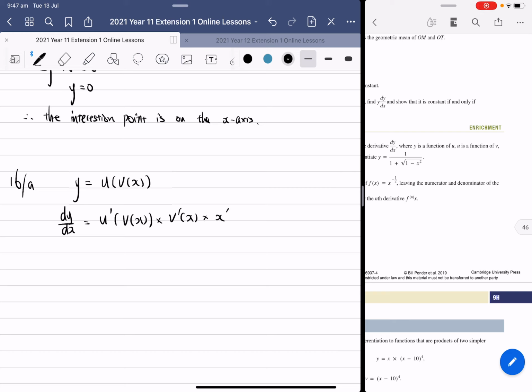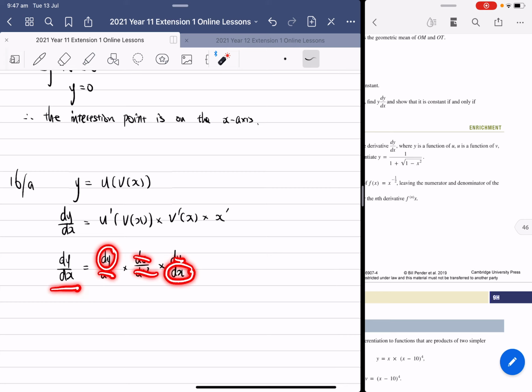But if you want to write it properly in terms of the chain rule formula, it will be dy over dx equals dy over du times du over dv times dv over dx. Let's have a look: if we cancel the du and dv, you end up with dy over dx, which is on the left-hand side.